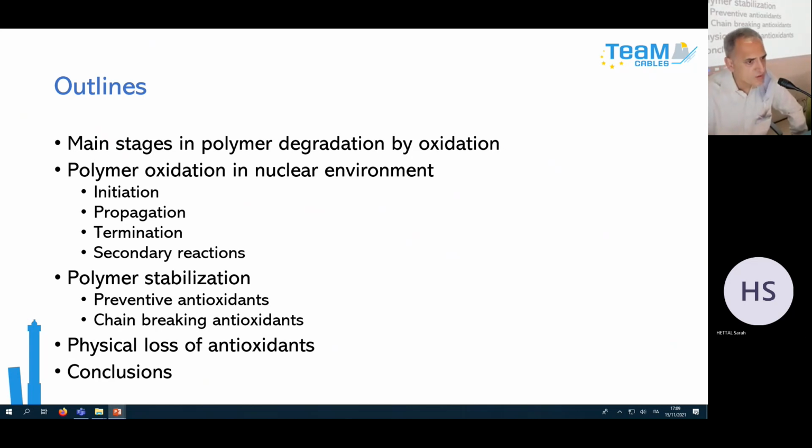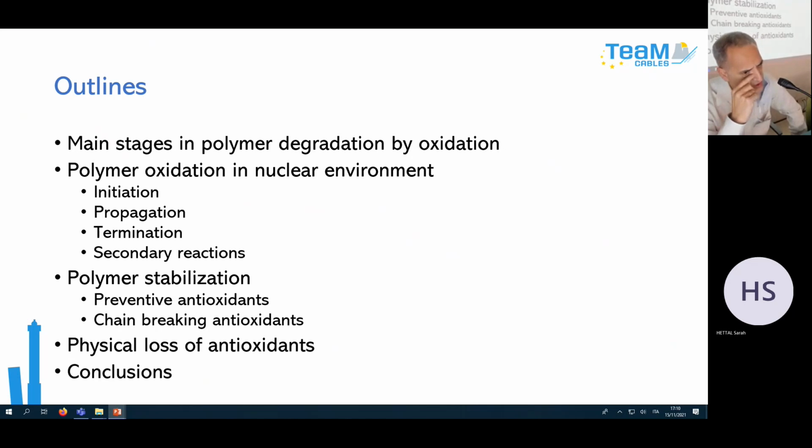But since it is necessary to understand the polymer oxidation before understanding how it is possible to stabilize the polymer, I will present these two types of mechanisms in the opposite order of their chronological order of appearance.